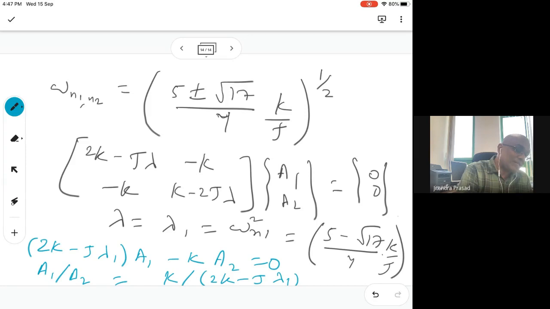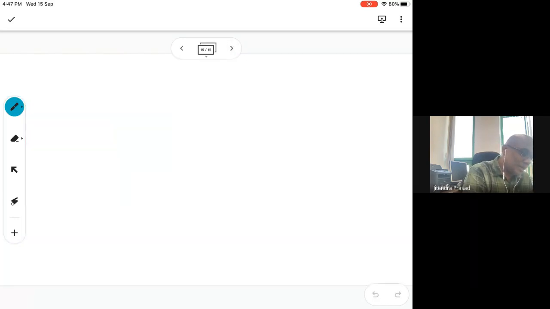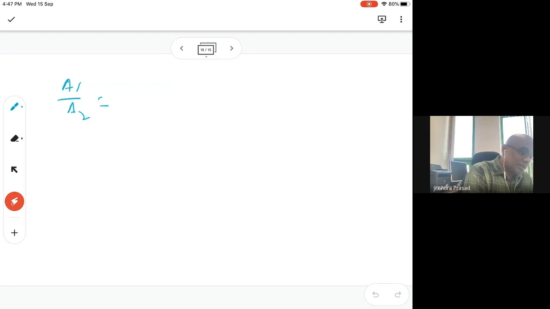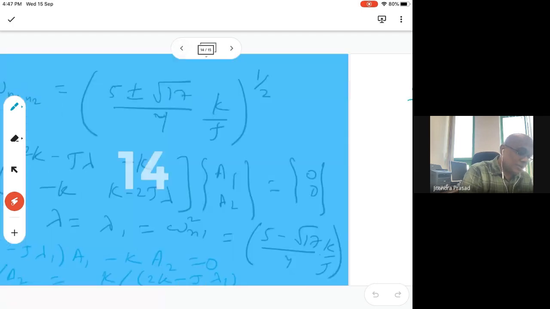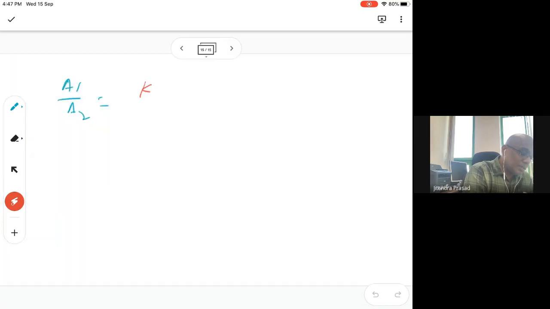Or from the second equation also you can find it. Even from the second equation, a1 over a2 will be equal to 2k minus 2j lambda over k, so k minus 2j lambda 1 by k.